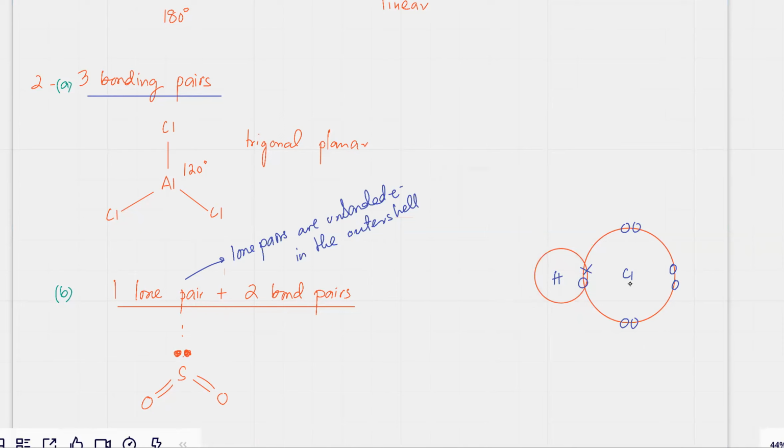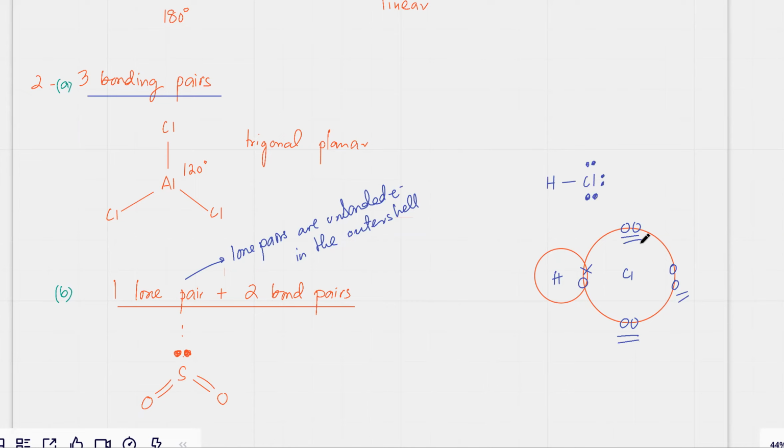But you can see that for Cl, not all of the electrons are involved in bonding. It's got these electrons over here, and these electrons over here. Not all of them are involved in bonding, so it's got 3 lone pairs. So it's got 3 pairs of electrons that are not doing anything. The way you show them is that in the HCl molecule, this Cl is going to have a total of 3 lone pairs. Okay, so lone pairs are those outer shell electrons that are not involved in bonding.